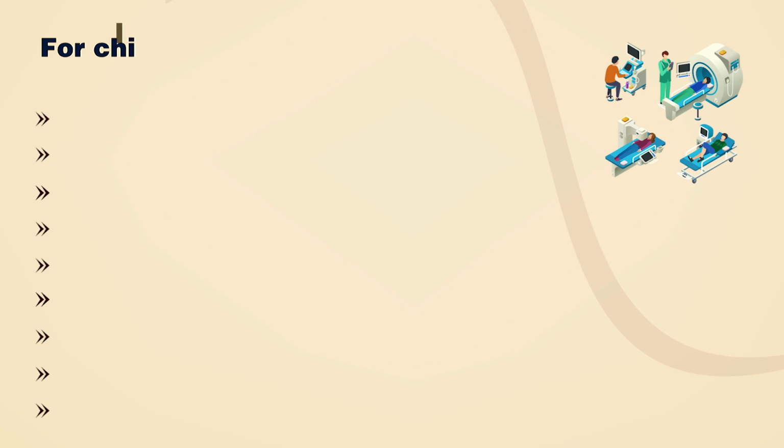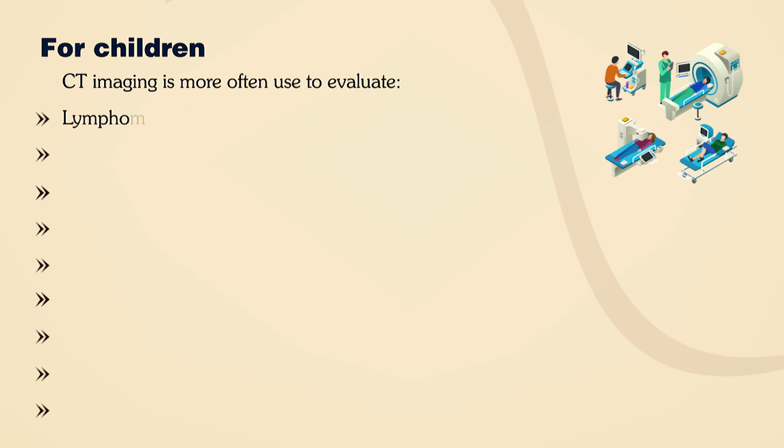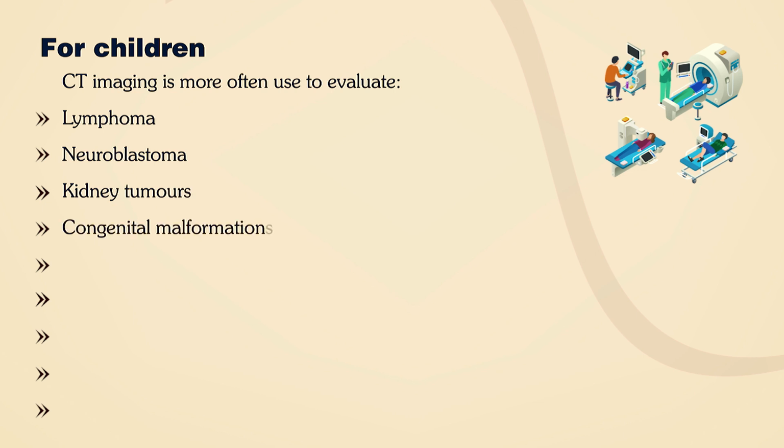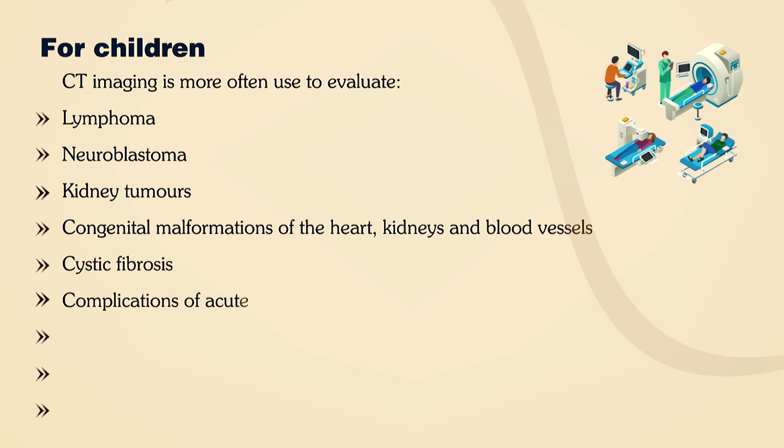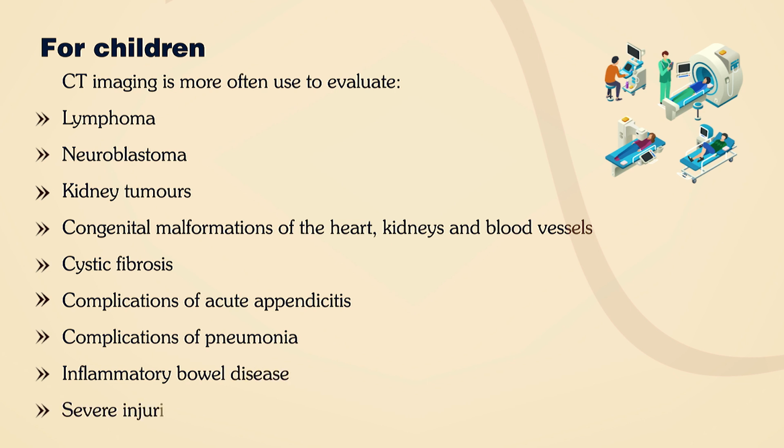For children, CT imaging is more often used to evaluate lymphoma, neuroblastoma, kidney tumors, congenital malformations of the heart, kidneys and blood vessels, cystic fibrosis, complications of acute appendicitis, complications of pneumonia, inflammatory bowel disease, severe injuries.